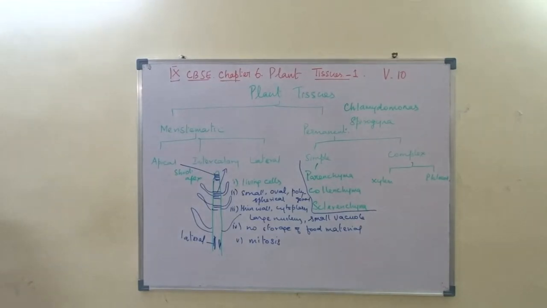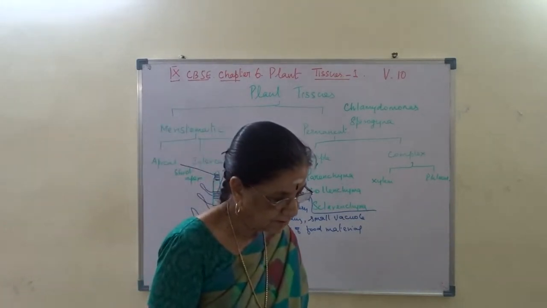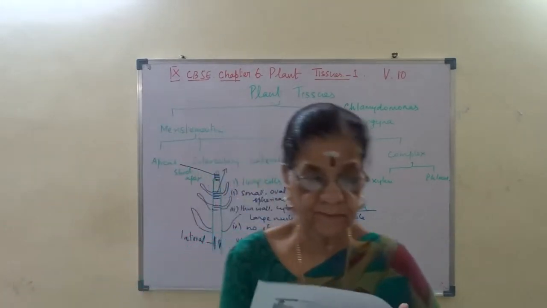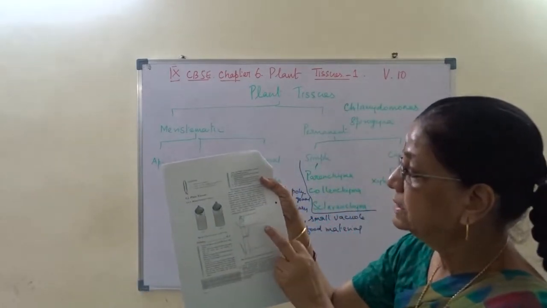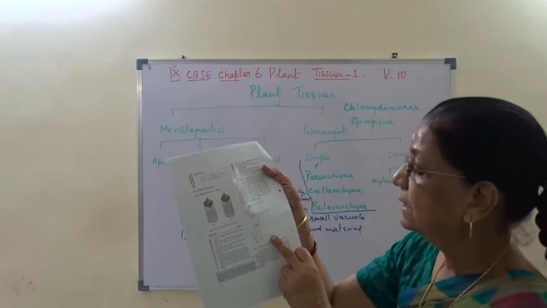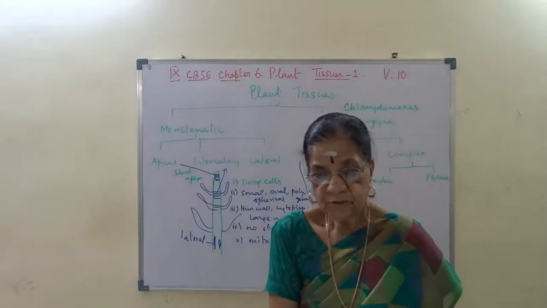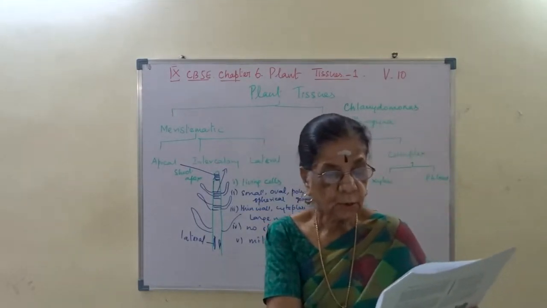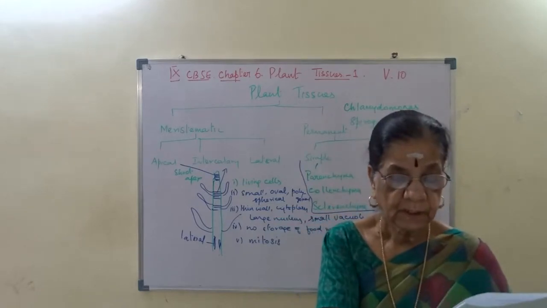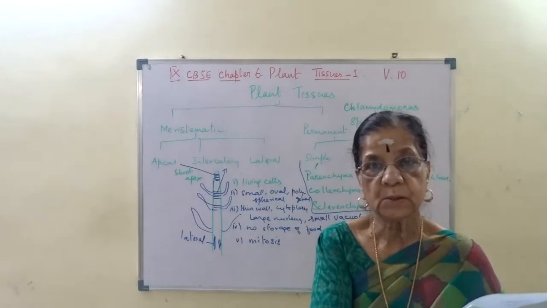Now this meristematic tissue is given again in our textbook: apical meristem, intercalary meristem, lateral meristem. Apical meristem is present at the growing tip of roots and increases the length of stem and root.